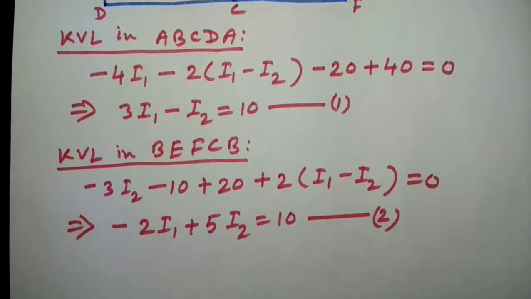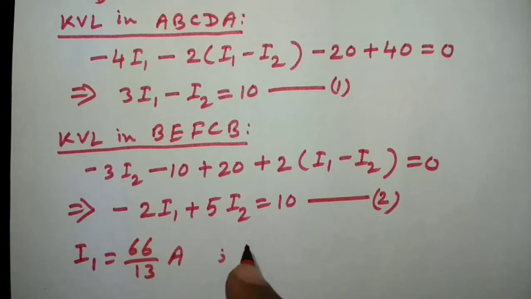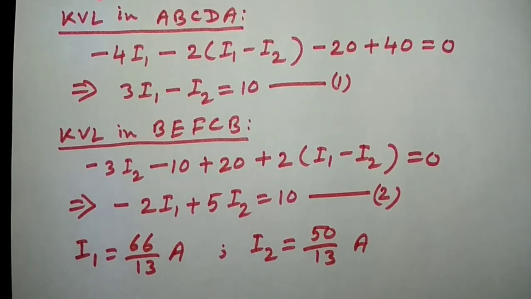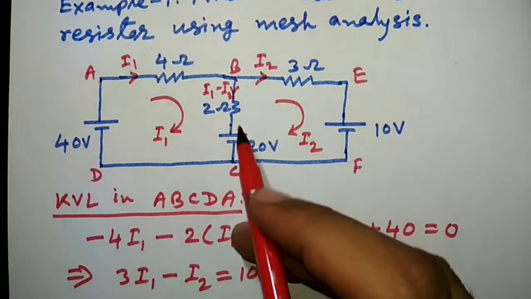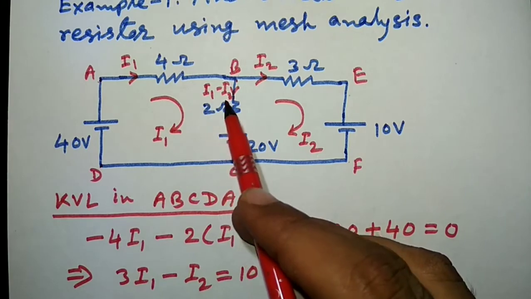Now if we solve these two equations, we get the value of I1 as 66 by 13 ampere and the value of I2 as 50 by 13 ampere. In the question, we have to find the current through the 2 ohm resistance, and here the current is I1 minus I2.